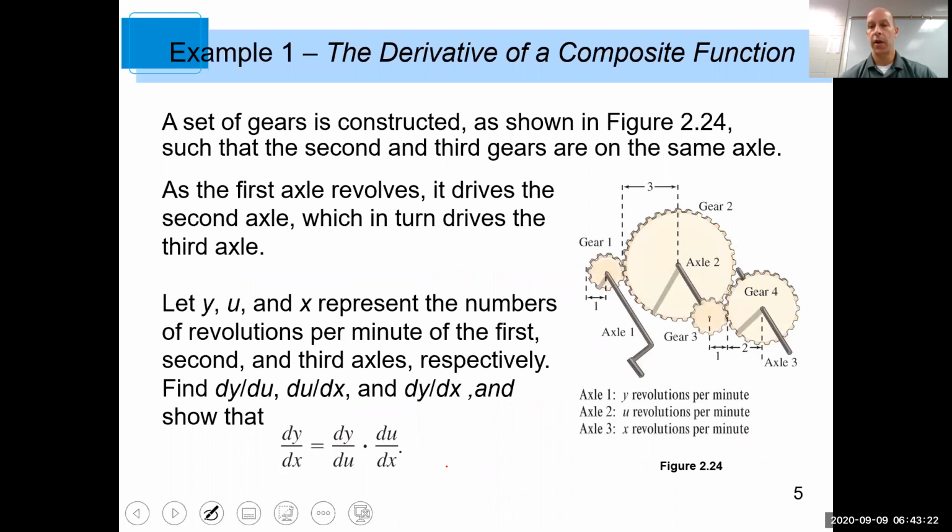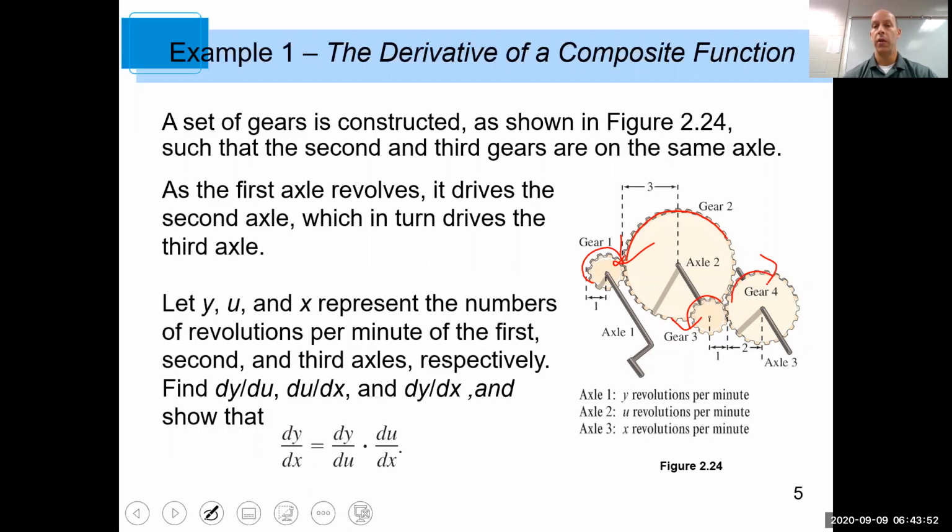Consider the gears constructed in the diagram here to the right. We can see that there are three gears, and notice that the second and the third gear are on the same axle. The first axle revolves and it drives the second axle, which then turns the third. So if the first gear is turning this way, then that means gear 2 and gear 3 are turning that way, and then gear 4 is turning this way.